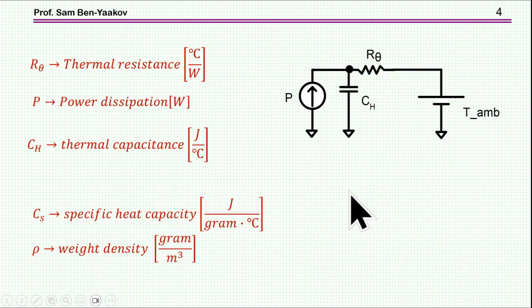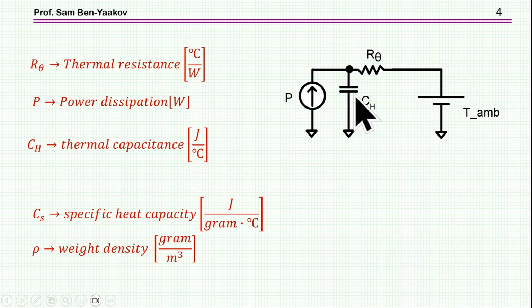Now the simplest thermal model of such a case will be a current source which represents the power dissipated within the device, and a thermal resistance to the ambient, which is emulated by an electrical resistor in this equivalent circuit, and the temperature is emulated by a voltage.